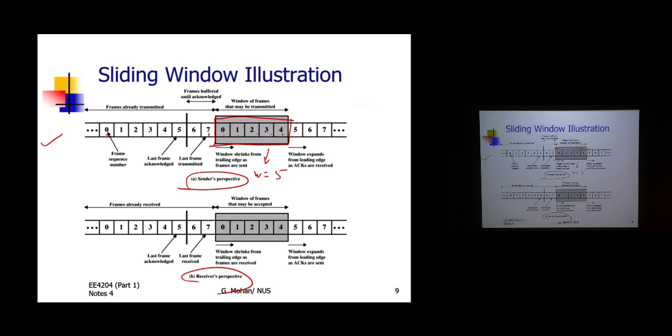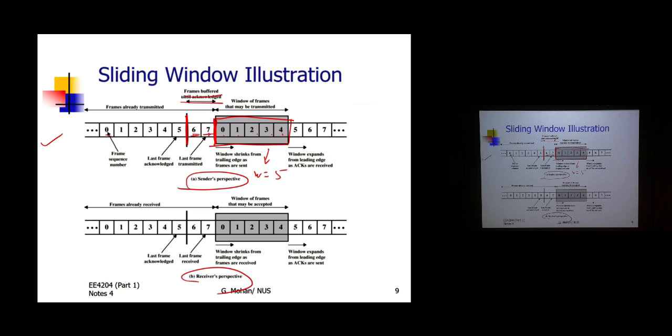Just an example. You can see there are two numbers, 6 and 7, written between one edge of the window and a vertical bar. What do they indicate? 6 and 7 are the frames buffered until acknowledged.